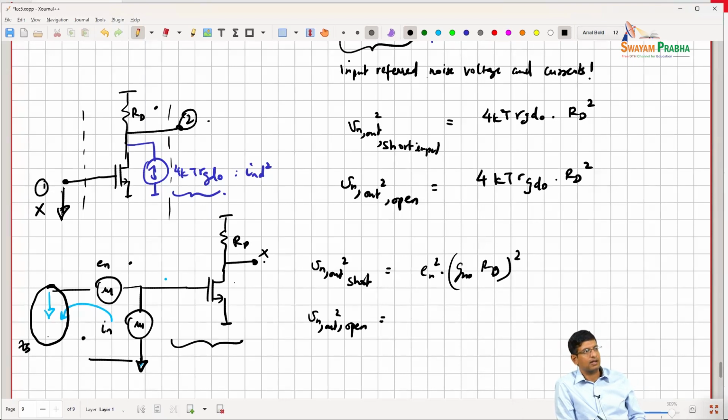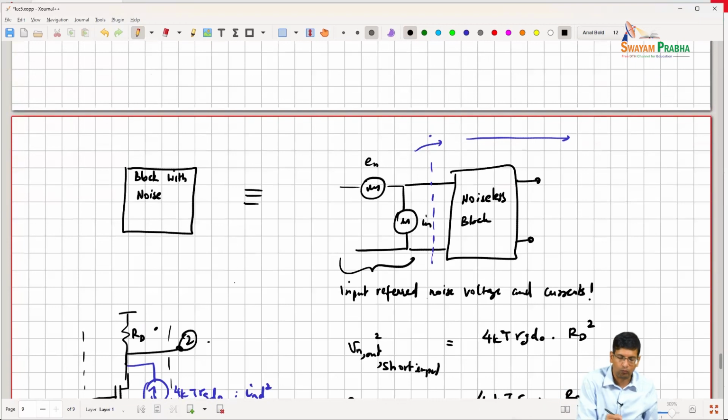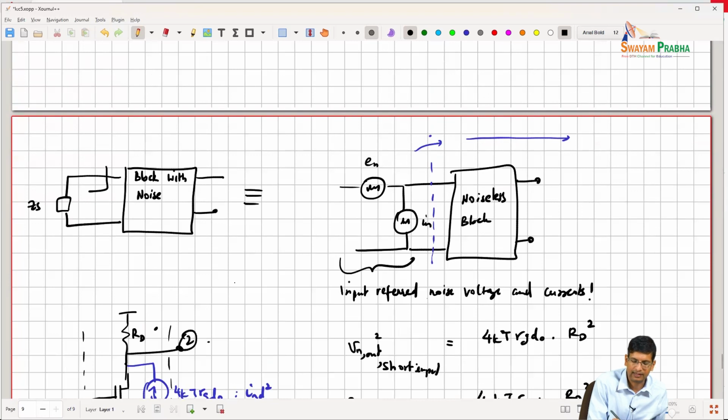Does that make sense? So I need to make sure that my model is representative and correct, no matter what the output noise is, the same, no matter what ZS is presented over here.